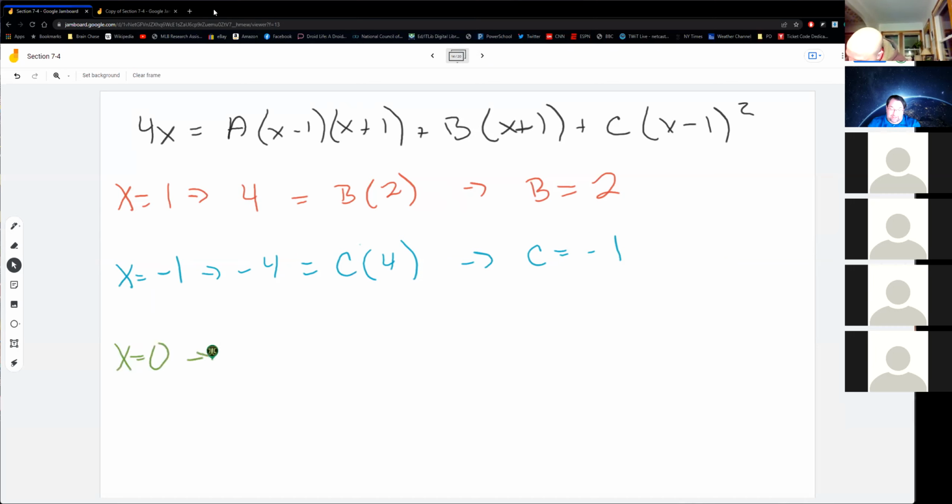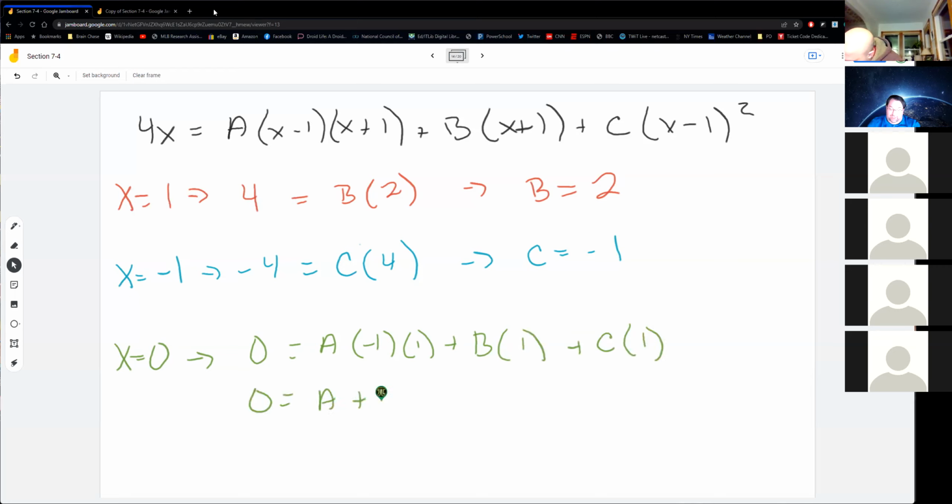So this is going to be 0 equals A times -1 times 1, plus B times 1, plus C times 1. So 0 equals A plus B plus C. But I already know B and C.